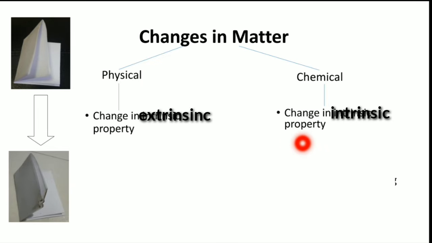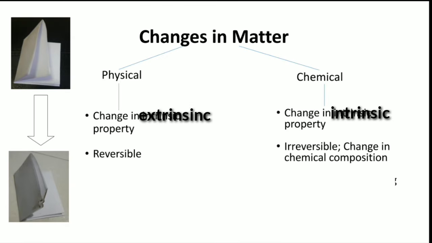But in addition to that, we can also distinguish between the physical and chemical changes in terms of the change being reversible or irreversible. For example, when you fold this piece of paper, is the process reversible?